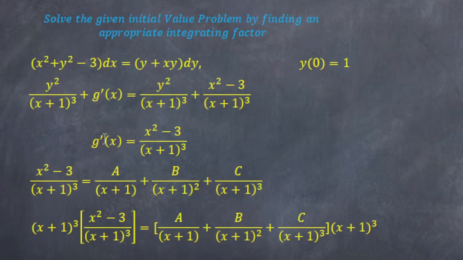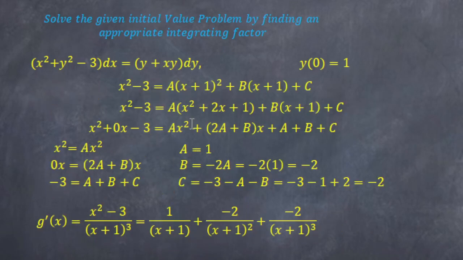And to find our g of x, we integrate g prime of x, but we need to decompose this expression, g prime of x, into partial fractions. So to decompose this into partial fractions, we multiply x plus 1 cubed to both sides of the equation, and then we have arrived with this, and then rearranging to make this right hand side look like the left hand side, and then equate the coefficients of x squared, x, and the constant.